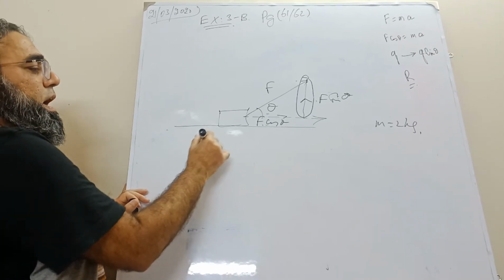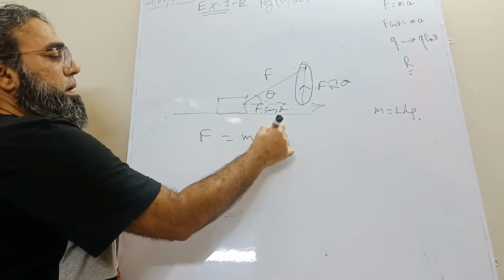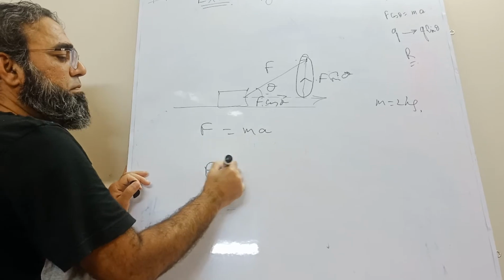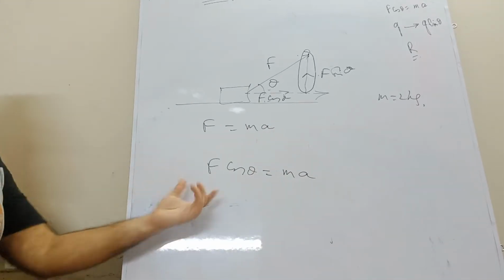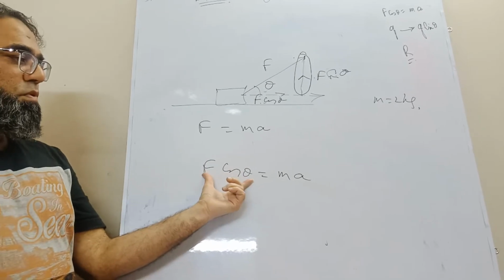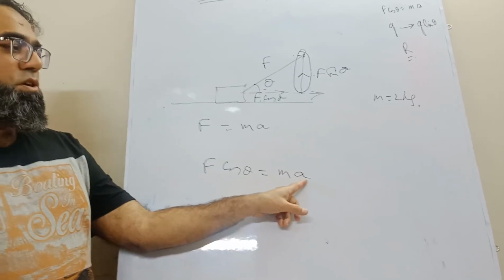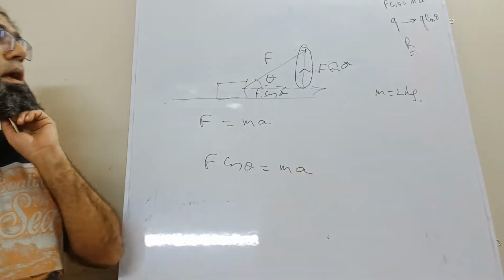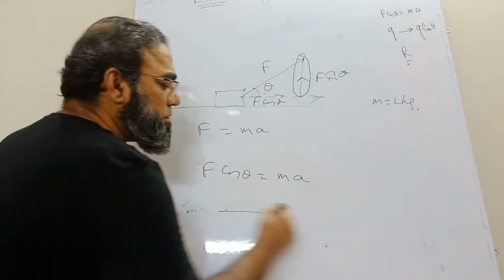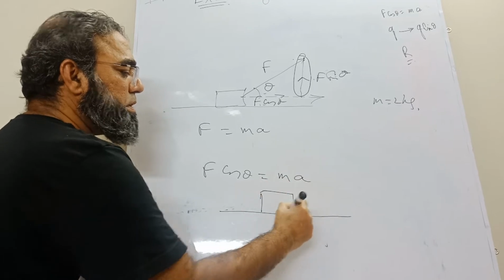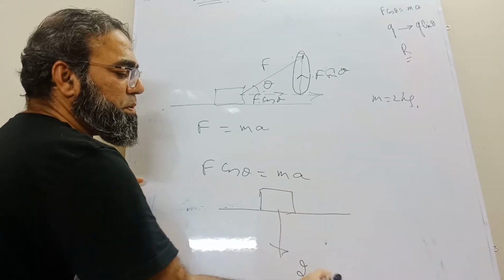So now F equal to ma changes into F cos theta equal to ma, where F cos theta is the component of the force in the direction of the acceleration. Now some people get confused about this. There is also this weight, which is 20 newtons.